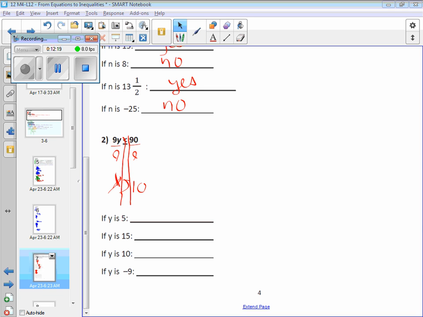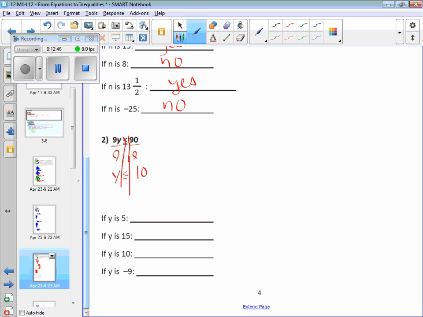Did everybody get y is greater than... If you notice, he flipped his inequality by accident. So let me just repair this. See that? It's got to go this way. y is less than or equal to 10.